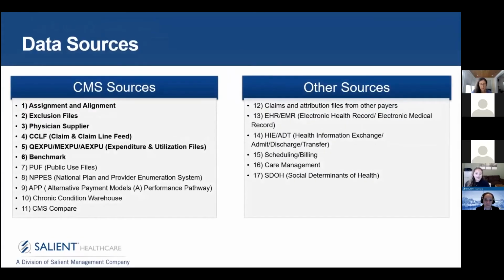This slide is intentionally overwhelming because there's a myriad of data sources. I mean, they've been listed in the presentations. And I think the ACO is structured in a way that's best suited to bring them all under one roof. You could be an independent group of all independent docs, a part of an employee model with a hospital, or some sort of combination.